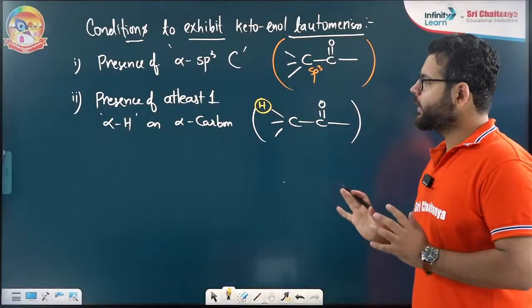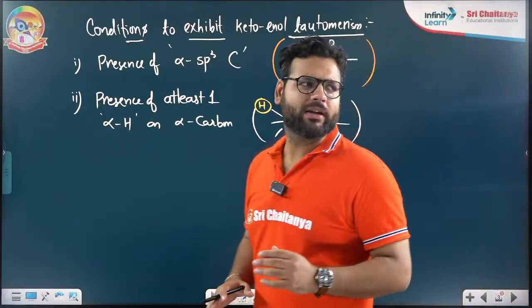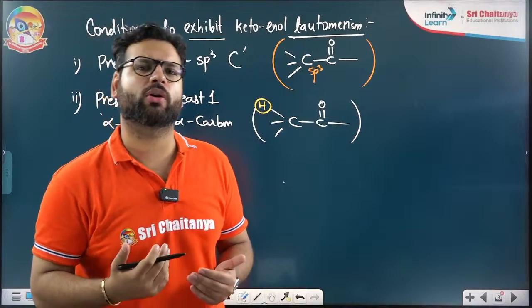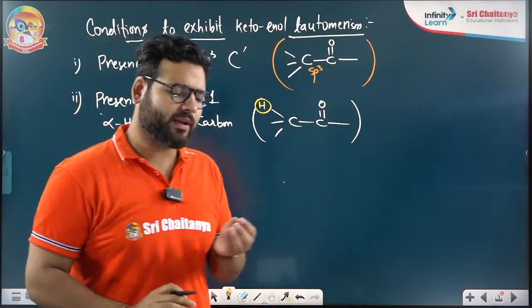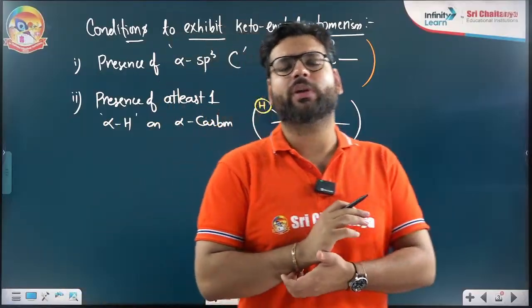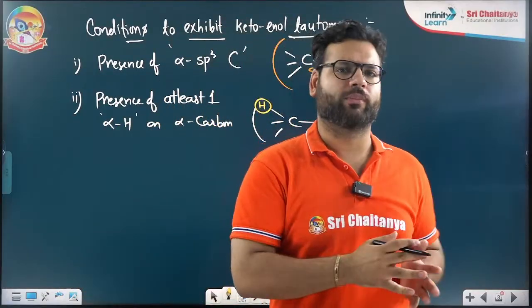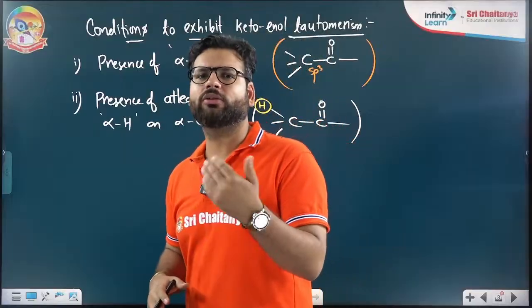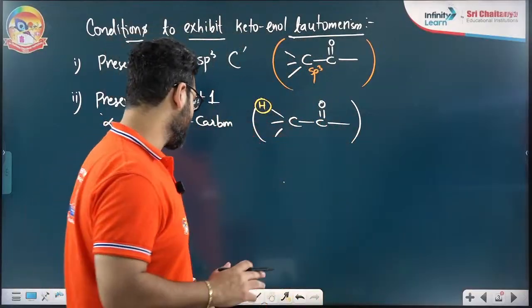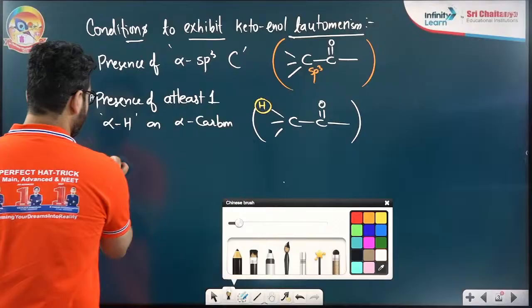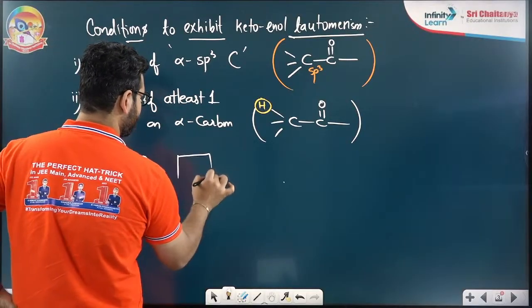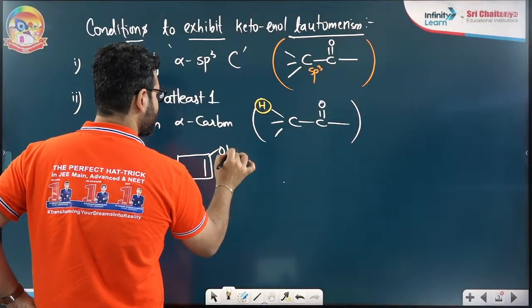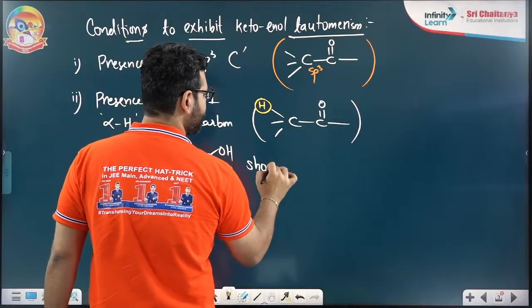By looking at some molecules, first I will tell you how to predict who can show tautomerism and who cannot. Because tautomerism is a dynamic equilibrium, you can also come from the enol to the keto form. Whenever you get an enol, it can also show tautomerism. For example, if the question is, can this show tautomerism?